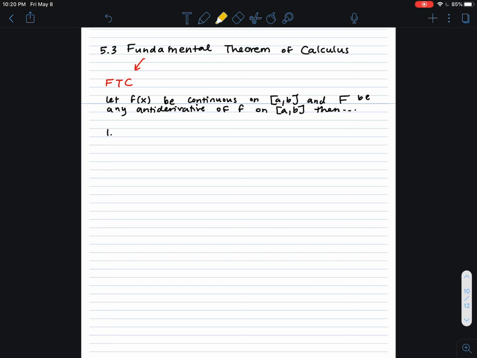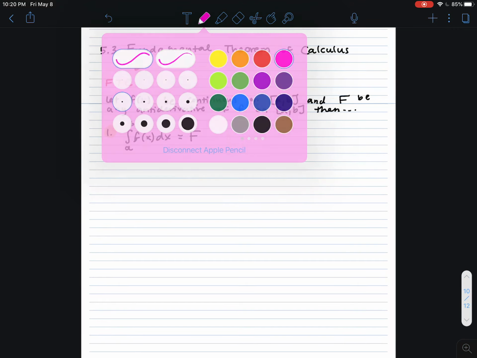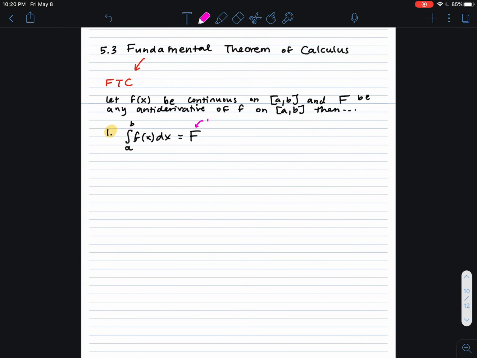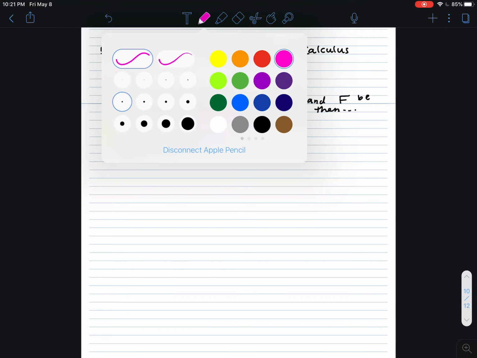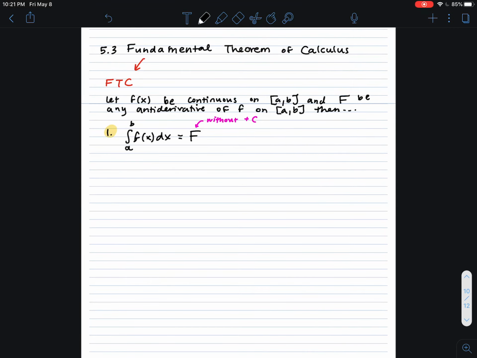So the first one, this is like the most important one, is that the integral from a to b of f of x dx, remember, this kind of integral with bounds is called a definite integral, and the way you calculate that is you find that antiderivative. And it is important to note here that this is without that plus c at the end, so you just take the antiderivative as normal and then leave off the plus c because we're calculating a number, right?